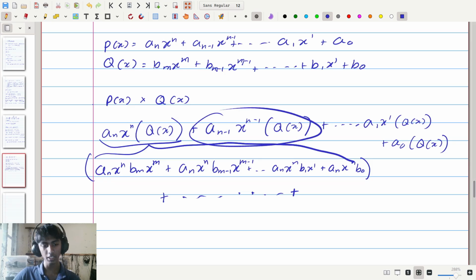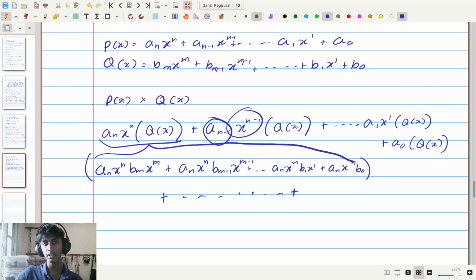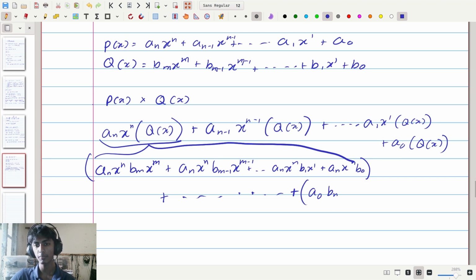Now every single sum in the middle is the exact same format. Just multiply a sub n minus 1 x to the n minus 1 by every single term in q(x). Do the same for the next one and the next one and the next one all the way down to here and here. The very last sum will be a sub 0 times b sub m x to the m plus a sub 0 b sub m minus 1 x to the m minus 1 all the way down up to a sub 0 b sub 1 x to the 1 plus a sub 0 b sub 0.